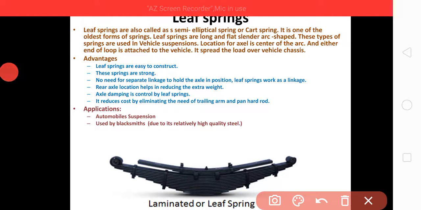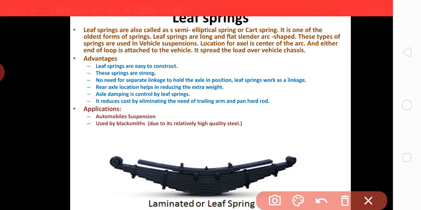Now again, you see the word slender. Slender means a member which has a length much larger than its cross section. We call it a slender body or a pole.